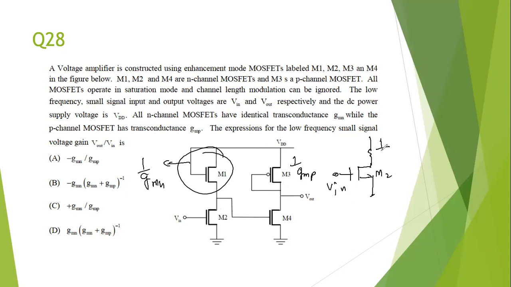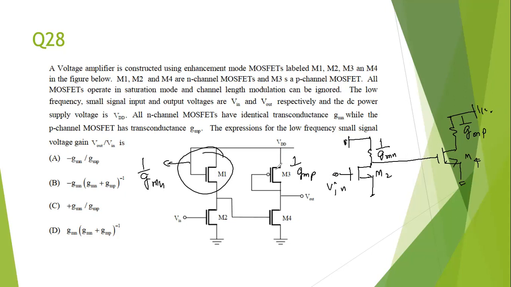This is 1 upon GMN, this is ground. Now this is M4, and this can also be replaced with 1 upon GMP. This is ground. Now we have to find V out upon V input.